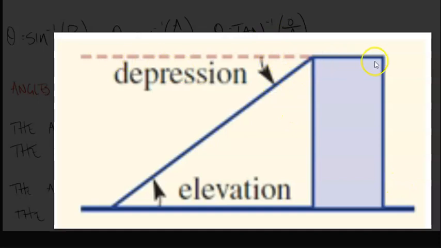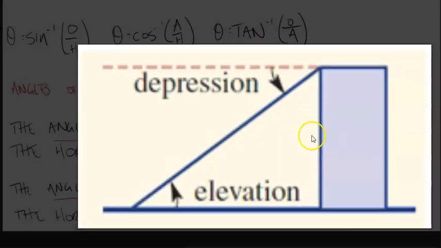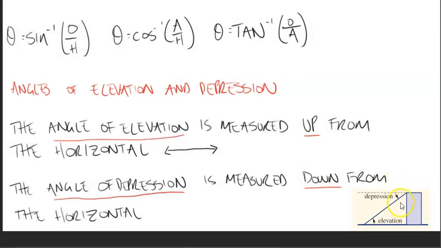Because these horizontal lines are parallel, the elevation and depression angle in this particular example are the same because they are alternate angles. Okay, so that could be a clue to help you out when tackling certain questions given within the textbook.